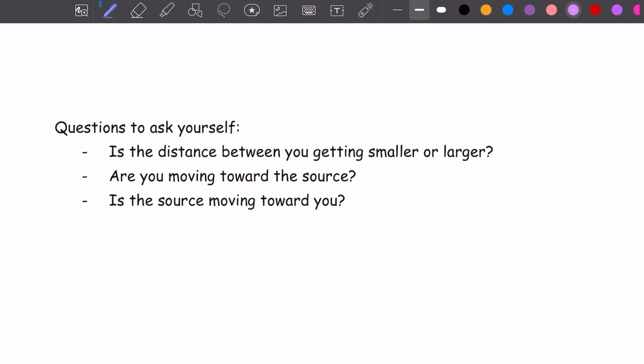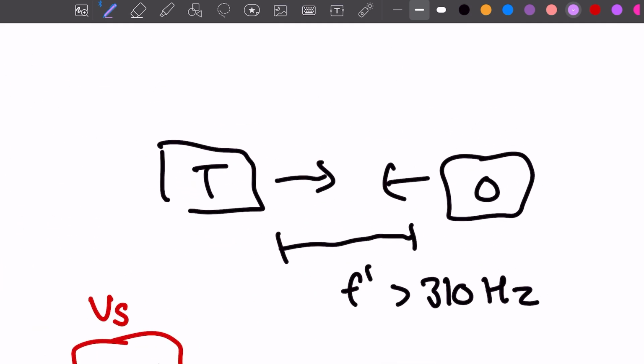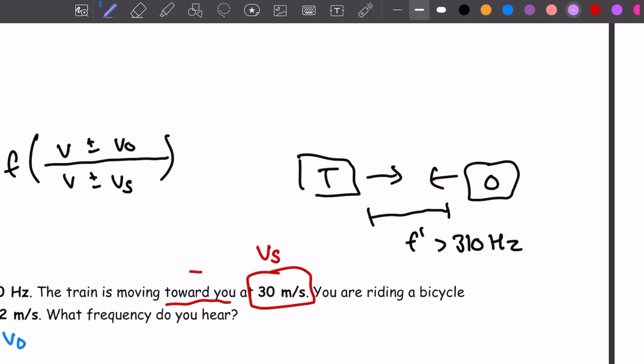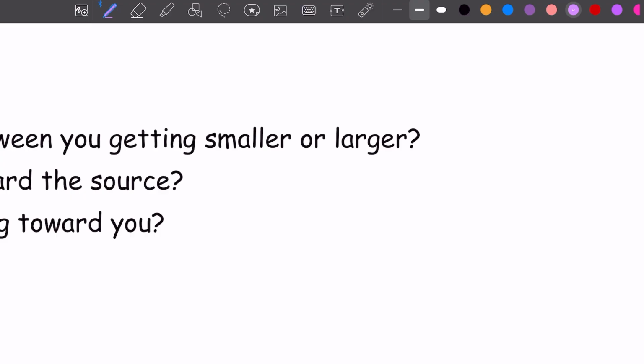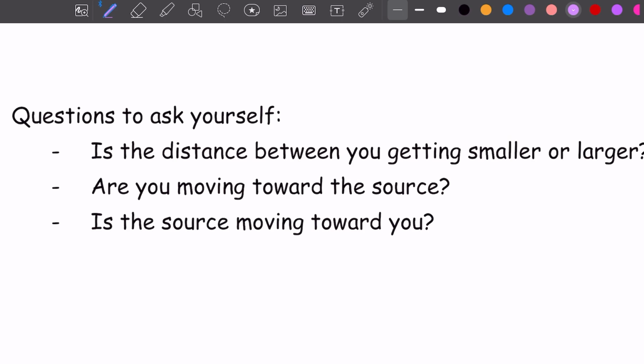Before we even start the problem, we have a few questions we can ask ourselves. Is the distance between us getting smaller or larger? From this diagram here, we can see that the distance between us is getting smaller. And that means a higher F prime. Are you moving towards the source or away from it? We're moving towards the source.